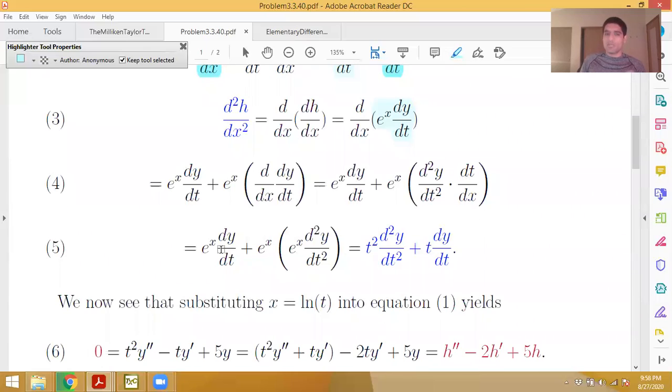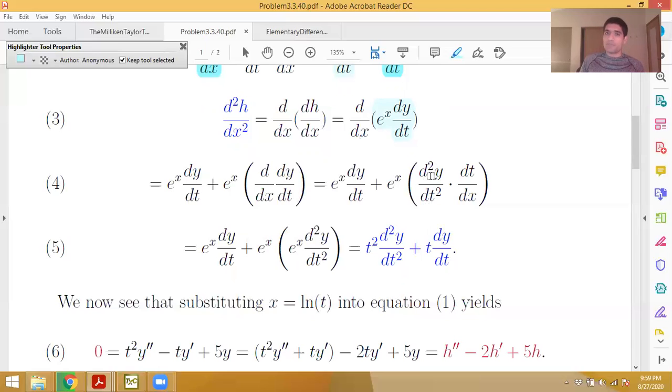Now, if we go on, once again, the first term, the e to the x times dy dt, untouched. The e to the x on the second term, untouched. The d squared y over dt squared is untouched because we wanted that. We want the relationship between d squared h over dx squared and d squared y over dt squared.